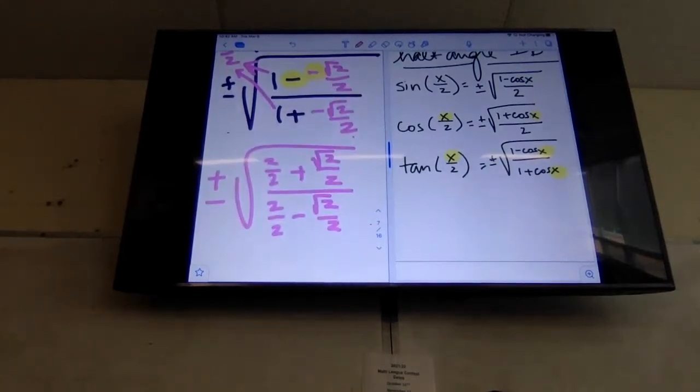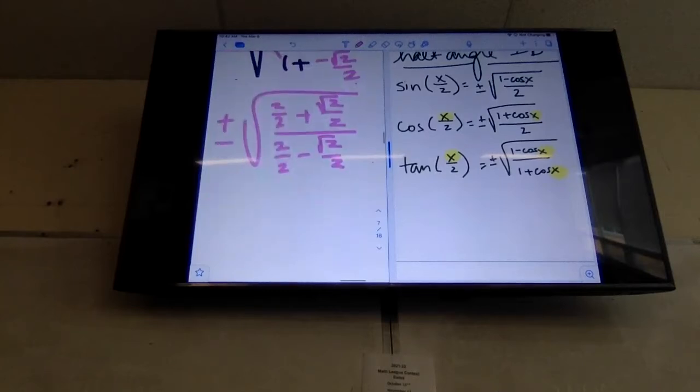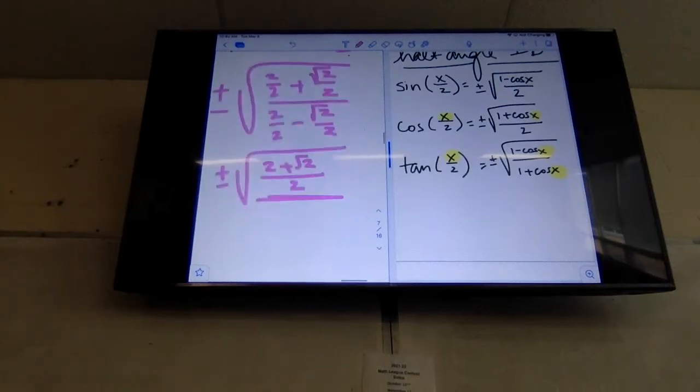Lots of 2's, lots of roots. Be careful. Again, you might go directly to 2 plus root 2 all over 2, and then 2 minus root 2 all over 2. And that's a radical over all of that ugly fraction.